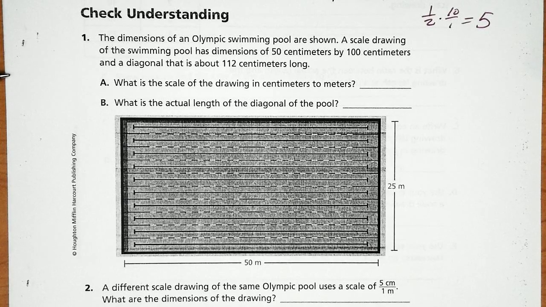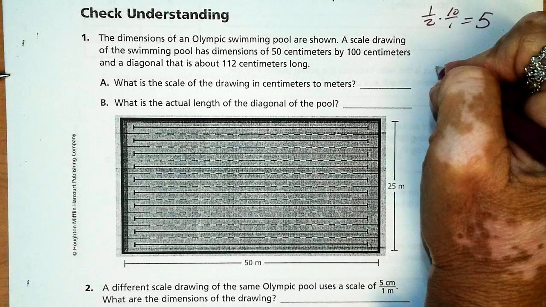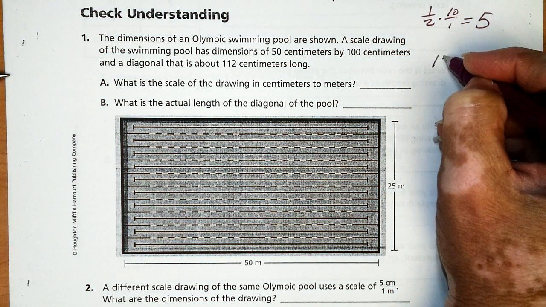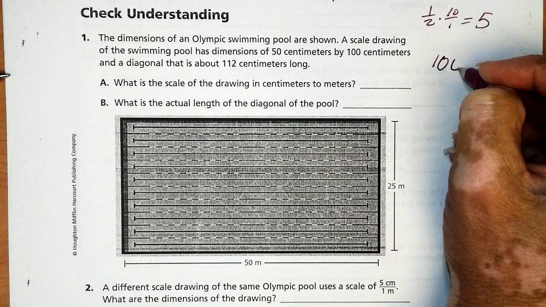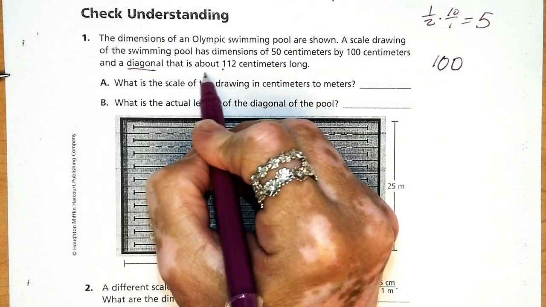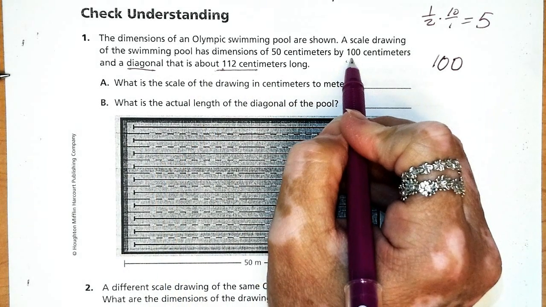All right, so anybody have any idea what we're going to do? So it's centimeters to meters. Divide? Yeah, we're going to divide, right? So we would take what? What would we divide? 50 to 112. Okay, close. The 112 is the diagonal, so that's not the dimensions.